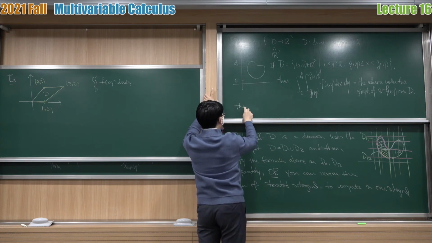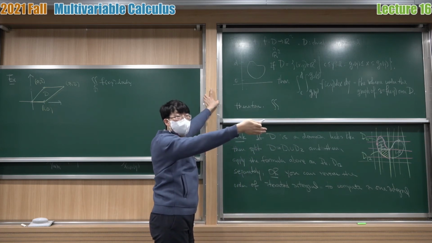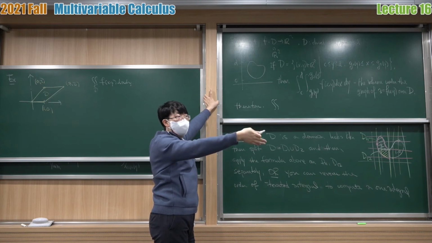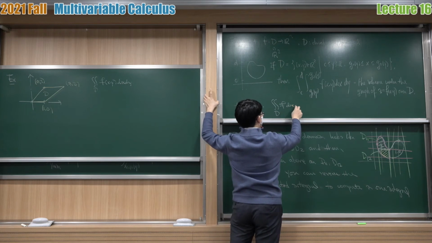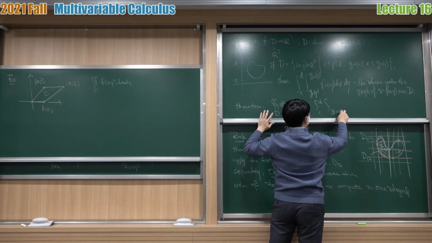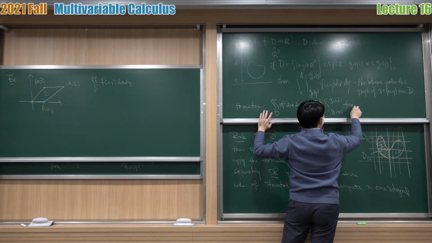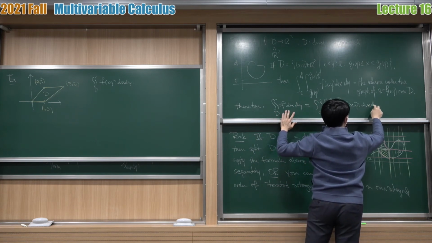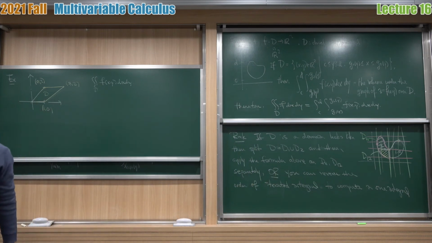Therefore, what is the volume under the graph? The double integral is the volume under the graph, right? So the double integral of f is the same as the iterated integral. Right? Okay, yeah.